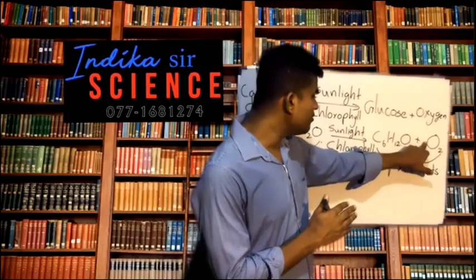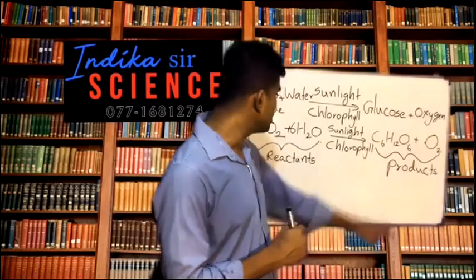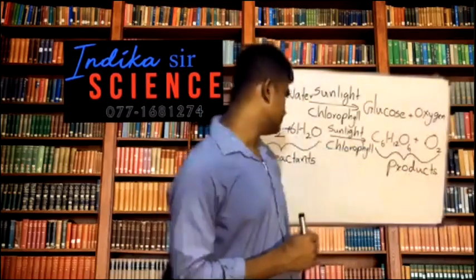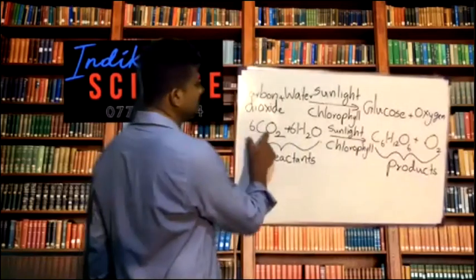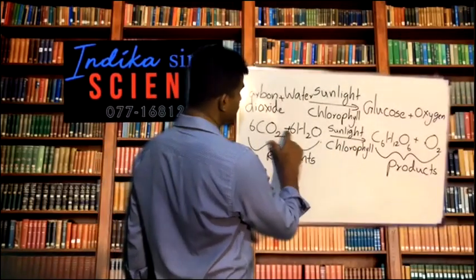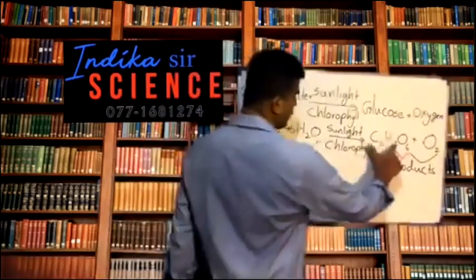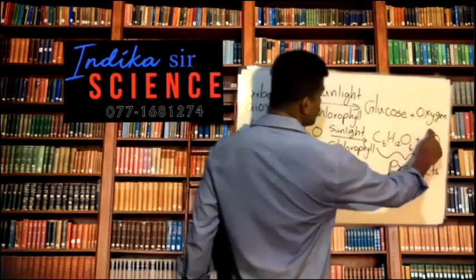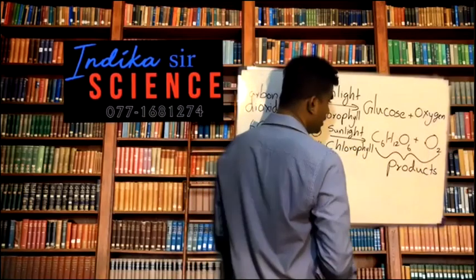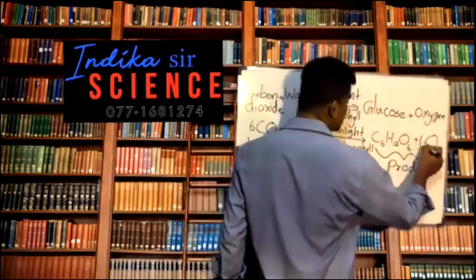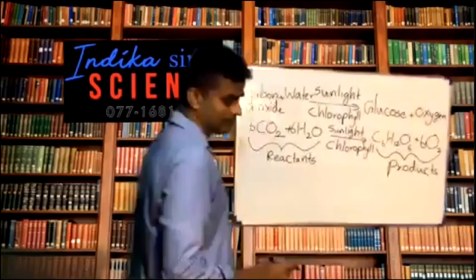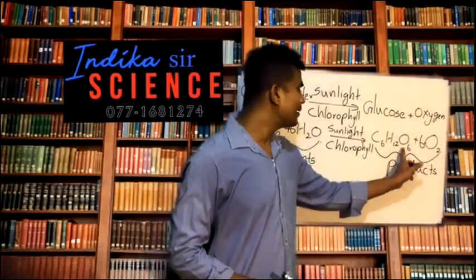So the only way to change only the number of oxygen, you can put a certain number here. So 6 into 2, 12, 12 plus 6, 18. Here 6 oxygen, 12 oxygen should be there. In order to put 12 oxygen, I just put 6 here. So here 12 plus 6.